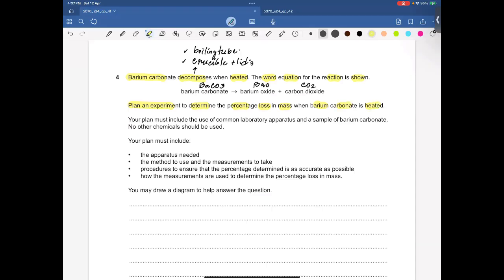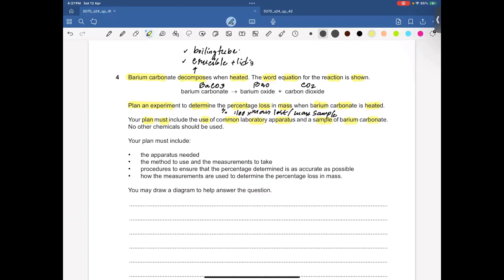To calculate it, we divide the mass lost by the mass of sample, into 100. So we will get the answer. Your plan must include the use of common laboratory apparatus and sample of barium carbonate.